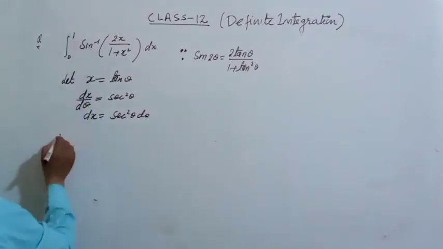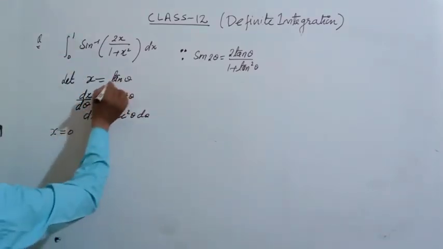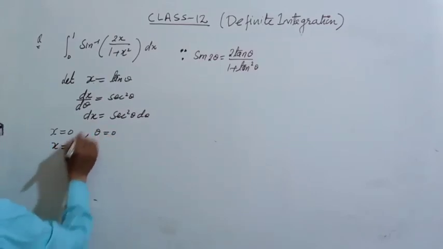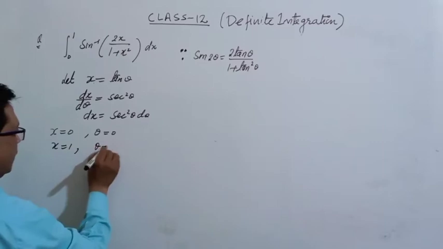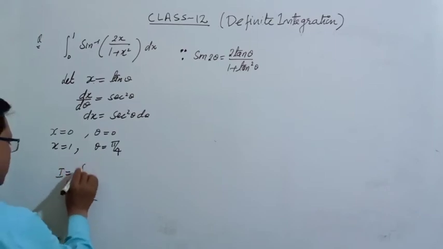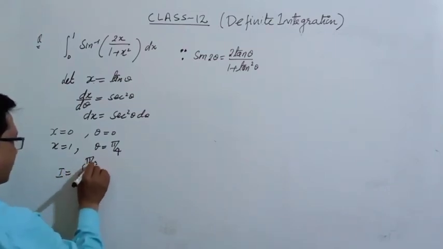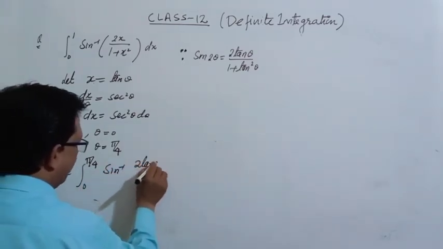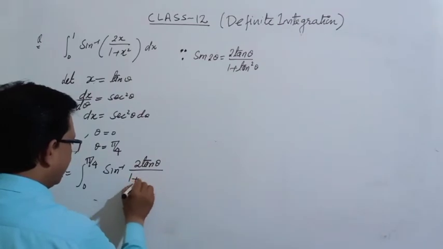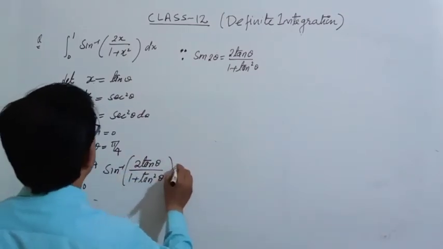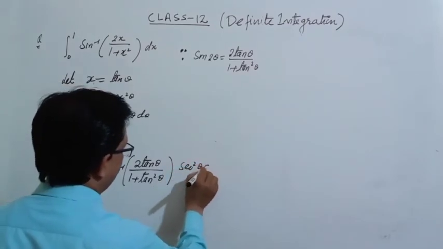We also change the limit. When x is equal to 0, we put 0 here, theta is 0. When x is equal to 1, tan theta is 1, so theta is equal to pi by 4. So our question is changed in the form of I is equal to the integral from 0 to pi by 4 of sin inverse of 2 tan theta upon 1 plus tan square theta, and this is also sec square theta d theta.